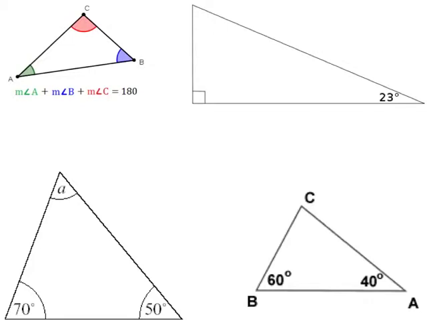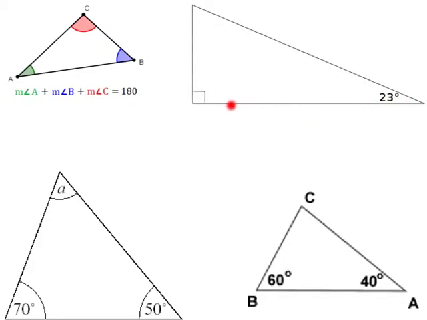They always have to equal 180. So the measure of angle A plus the measure of angle B plus the measure of angle C equals 180. You should write that down as a rule in your notes, and when you know 2 angles, then it's very easy to figure out the 3rd.